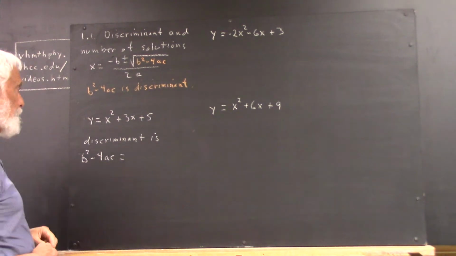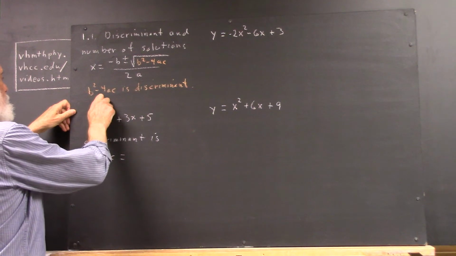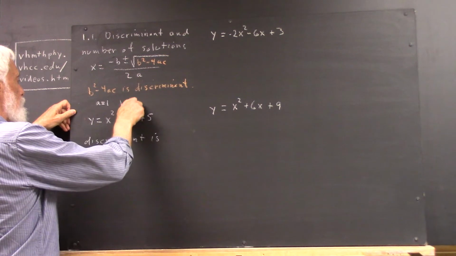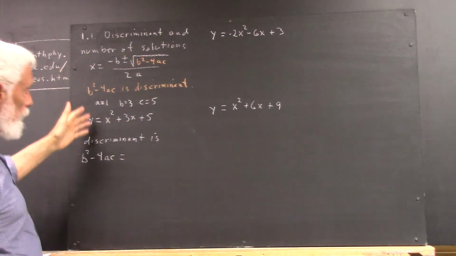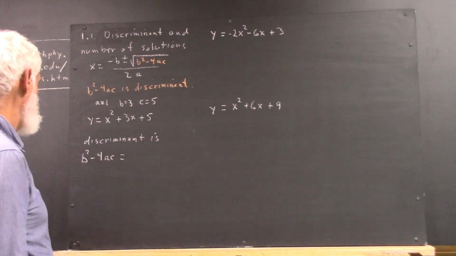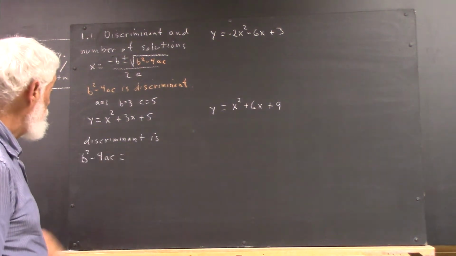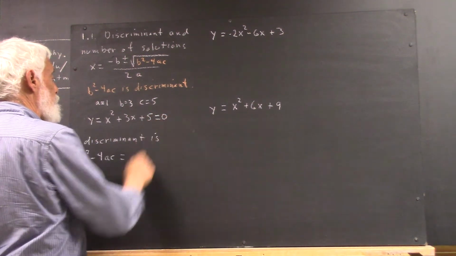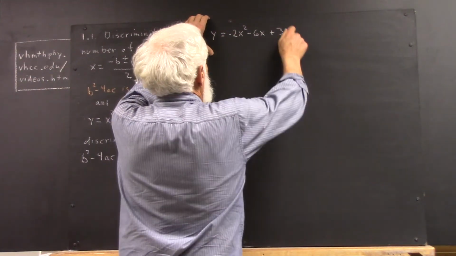Note that a is the coefficient of x squared, so a equals 1, b is the coefficient of x, that's 3, and c is the number left over in the ax squared plus bx plus c form of the quadratic function. And let's say this is an equation, so that this is equal to 0.